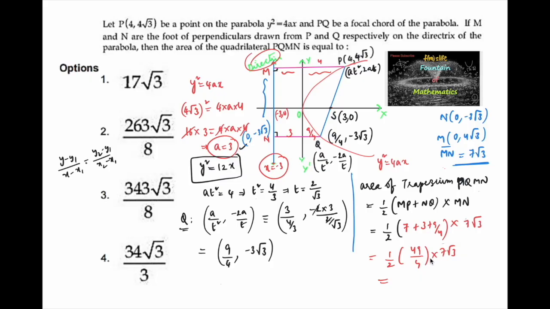So we can say 7 sevens are 49, 7 nines are 63, 7 fours are 28 plus 6, 343 root 3 divided by 2 fours are 8. So 343 root 3 by 8 square units. So which is option C.